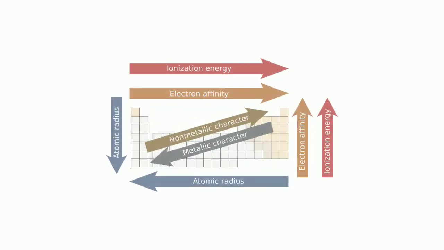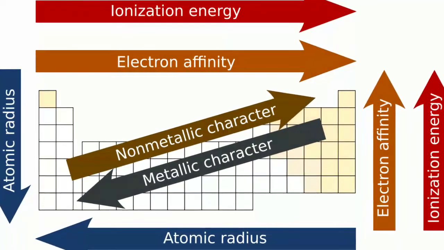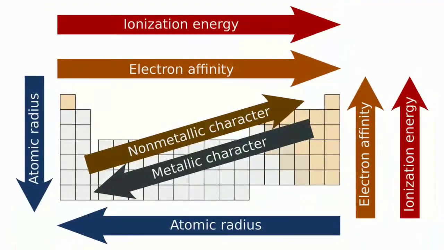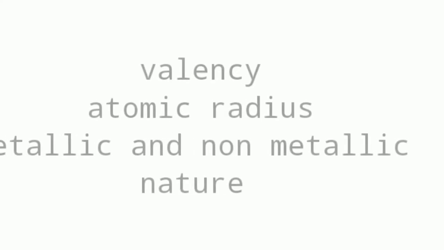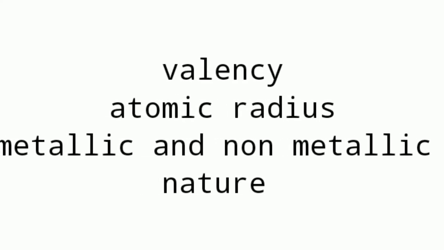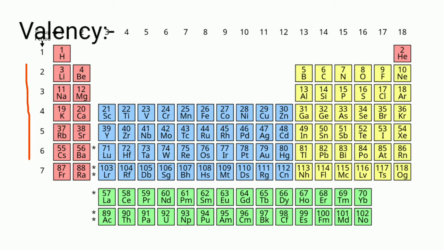Trends means some characteristics, how do they change down the group and across the period. So we have some trends such as valency, atomic size, metallic and non-metallic characters and nature of oxides. These are the trends we are going to learn in this lesson. So first thing, valency. How do valency vary down the group and across the period?